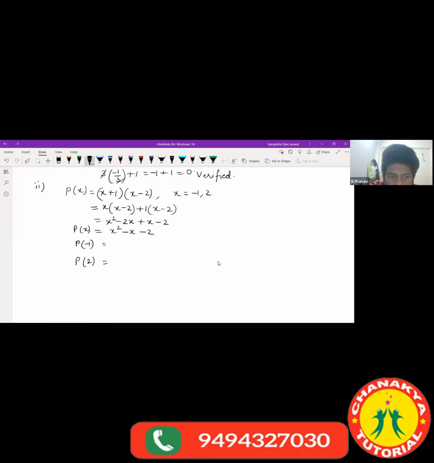Can you explain again? Yes. See here, P of x is given in the form x plus 1 into x minus 2, right? And you are given two values of x, two zeros. Now we know that a polynomial has two zeros only when the equation is quadratic.